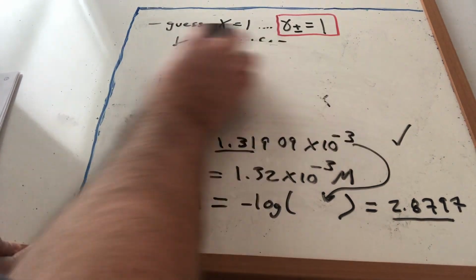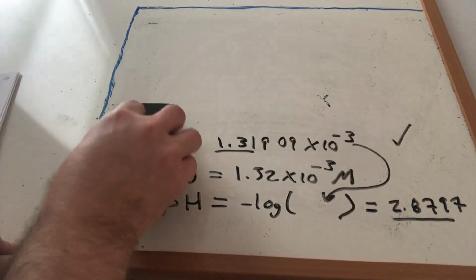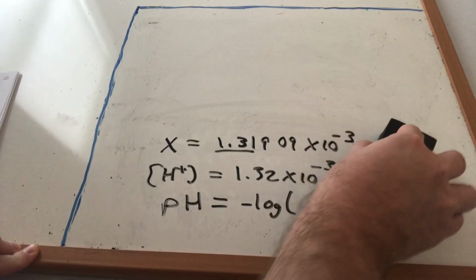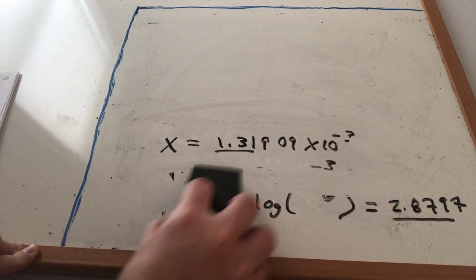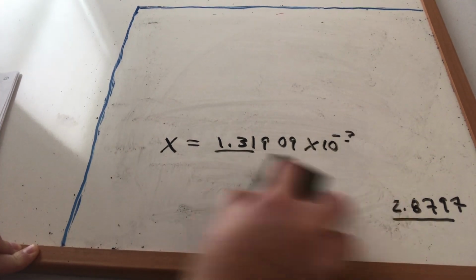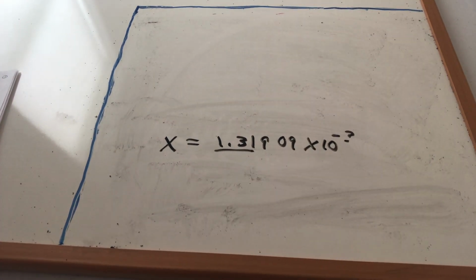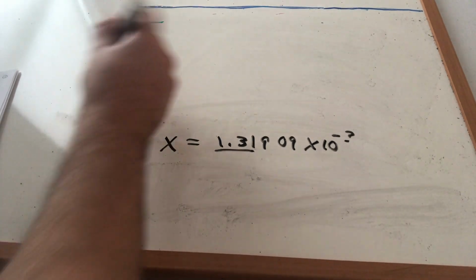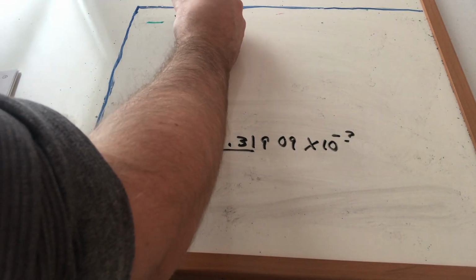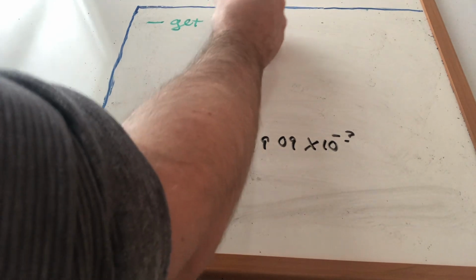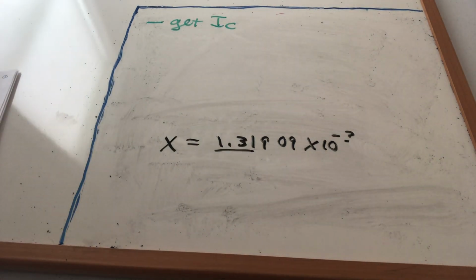So the next step is to use that concentration. I'm going to keep it down here, and let's get an IC, and then we can use the Huckel theory to calculate a better gamma. So get IC based off of this first estimate.